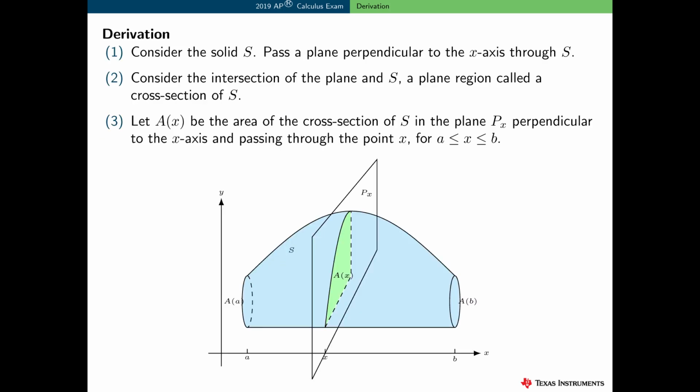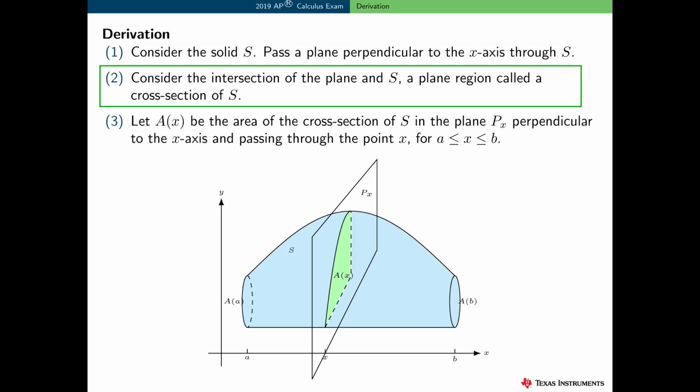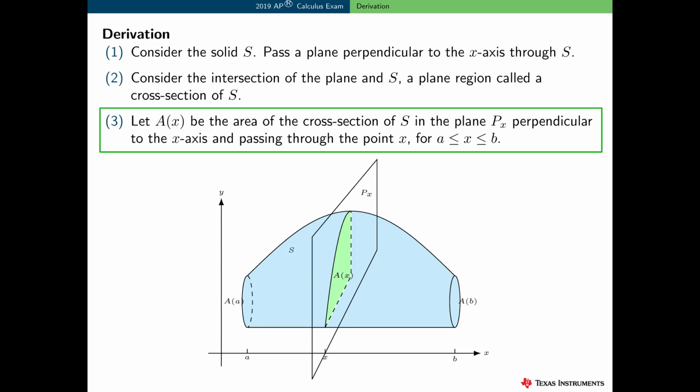Let's see if we can put all this together and derive a general volume formula. Let's consider the solid S as shown in the figure. It's the blue shaded region. Pass a plane perpendicular to the x-axis through S, and consider the intersection of the plane and S, a plane region called the cross-section of S. Let A of x be the area of the cross-section of S in the plane p sub x.